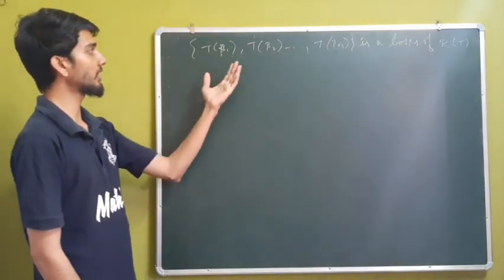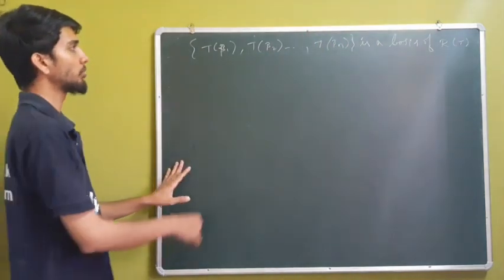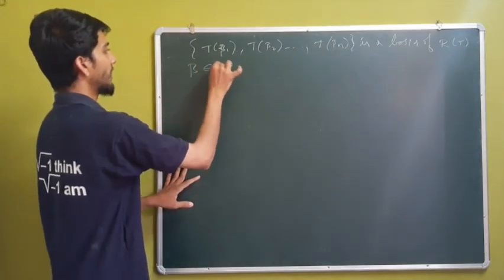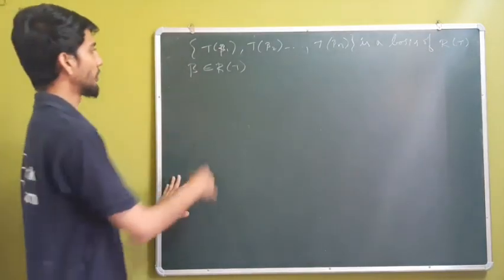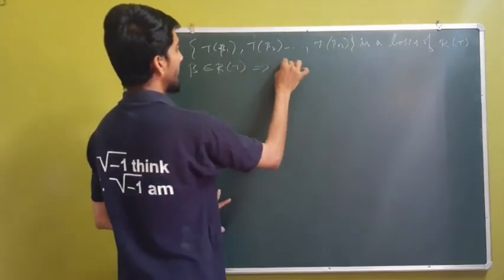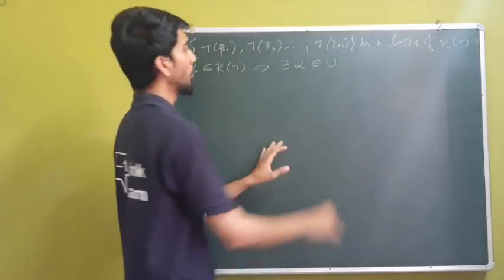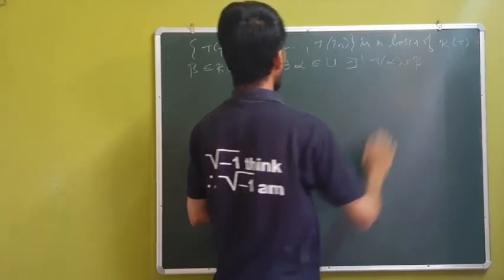First, we shall prove that this set spans R(T). In order to prove that, I will take an element beta in R(T). So this implies there exists alpha in the domain U such that T(alpha) equals beta.